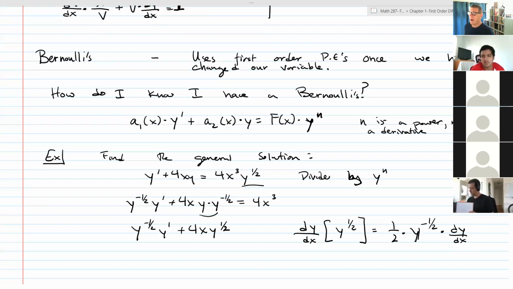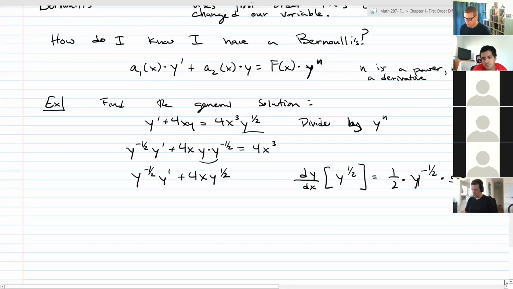All right. And so the cool thing about this is that it's kind of like a u substitution. In fact, it's pretty much identical to u substitution. Notice the y to the negative 1/2 right there and the y prime. You see that? That's the trick, right? That's sitting right here. That's the derivative of y to the 1/2.